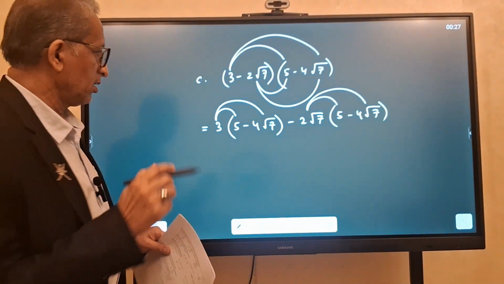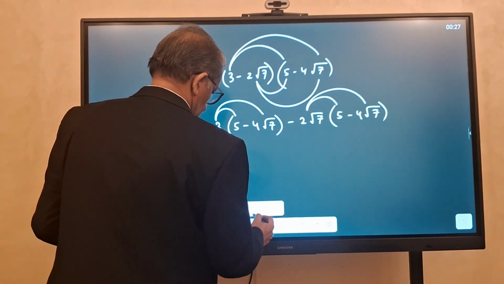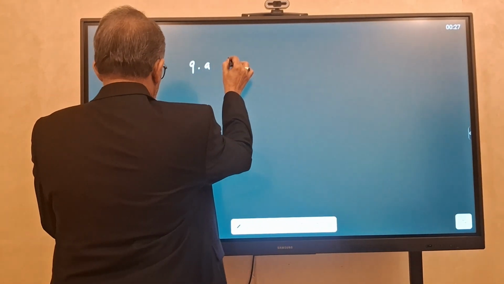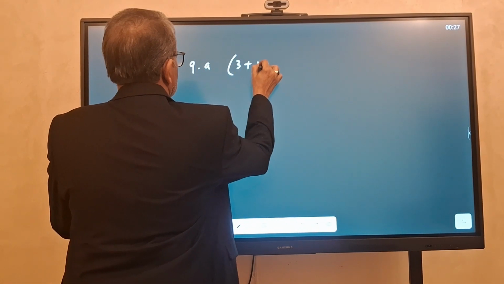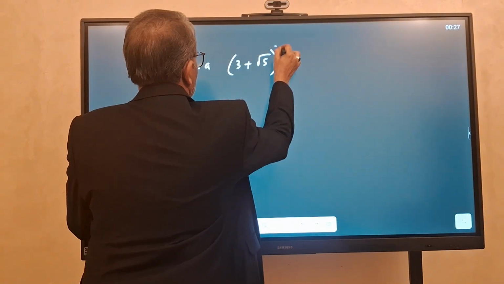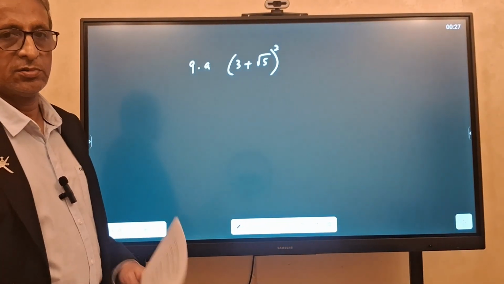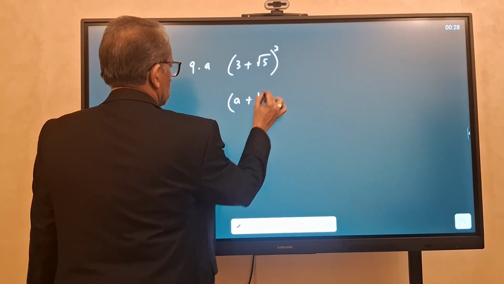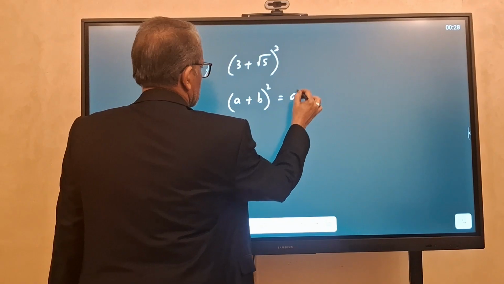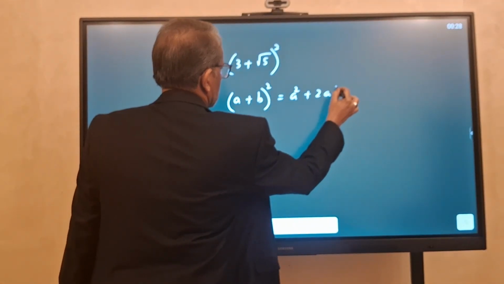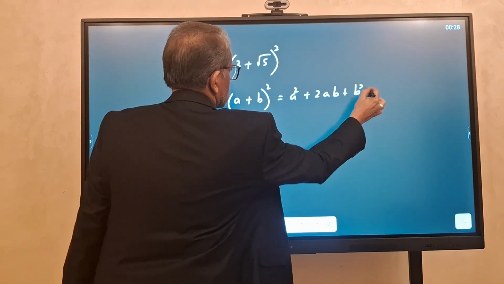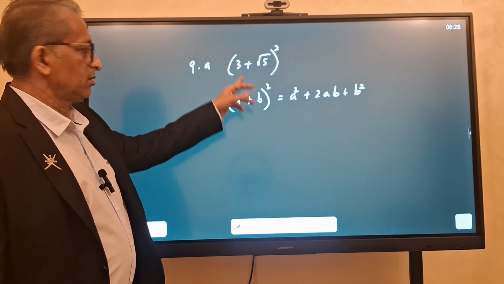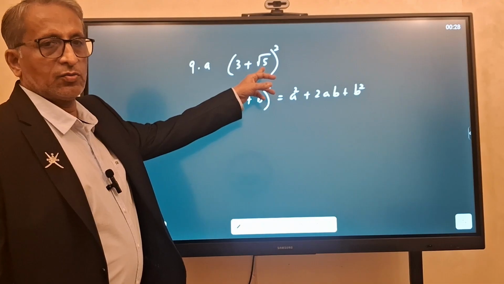For question number 9A: 3 plus root 5, whole square. Use the formula (A plus B) square is A square plus 2AB plus B square. What is A here? 3. What is B here? Root 5.